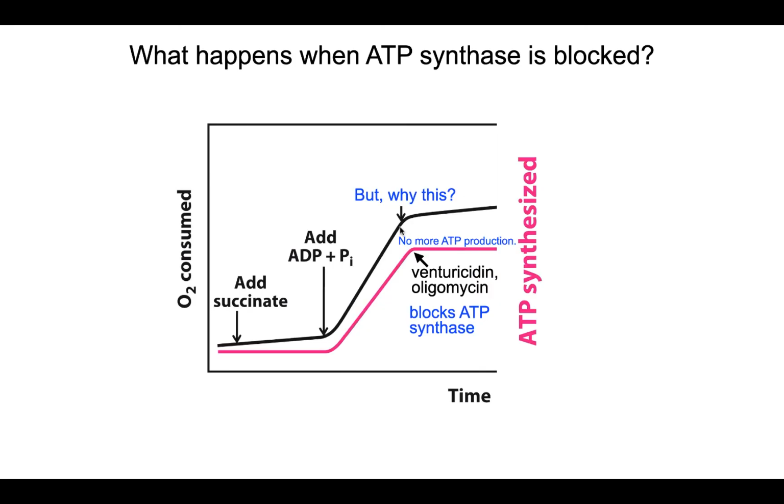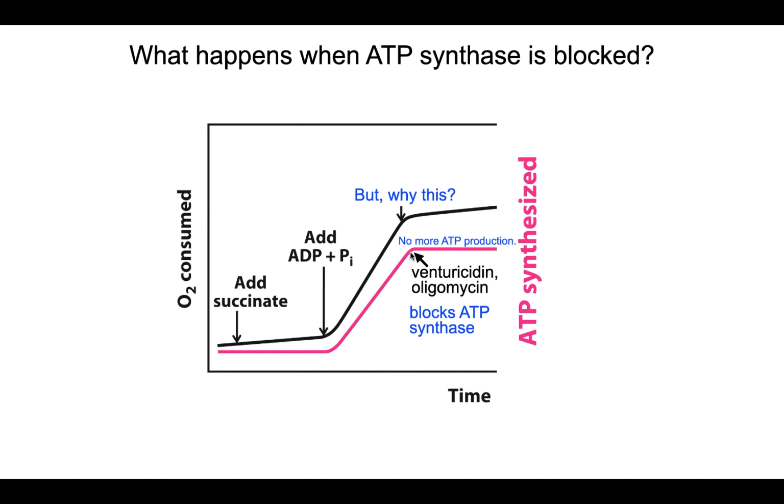Let's take a look. So we do the same experiment, and yes, add succinate, nothing. Add ADP and inorganic phosphate, yes. Now we have both of them working. We've got the consumption of oxygen in the electron transport chain, which is giving us our proton gradient, and therefore that proton gradient is being used by ATP synthase to make ATP, so we're going up, up, up.